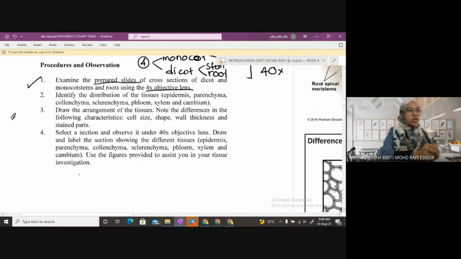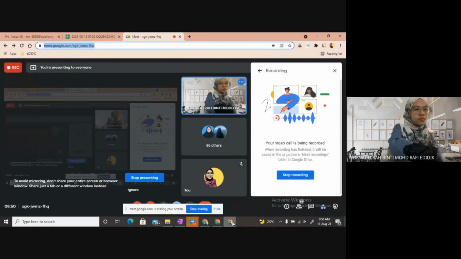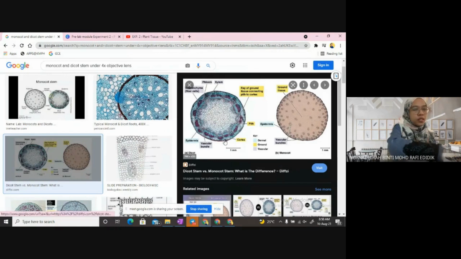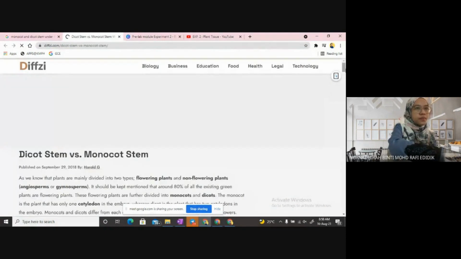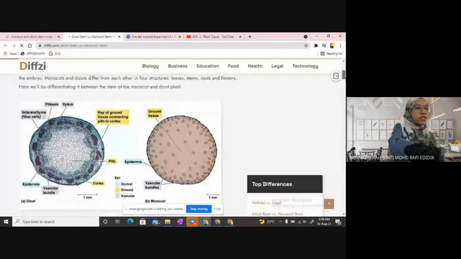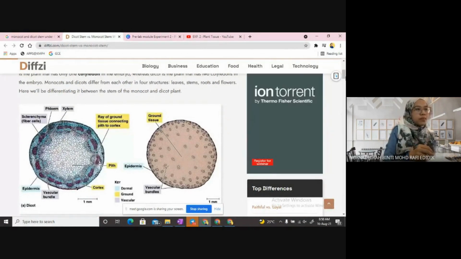Okay, and then step 2, you have to identify the distribution of the tissue. Kita boleh nampak daripada sini, paling luar ni adalah epidermis ataupun epidermal.